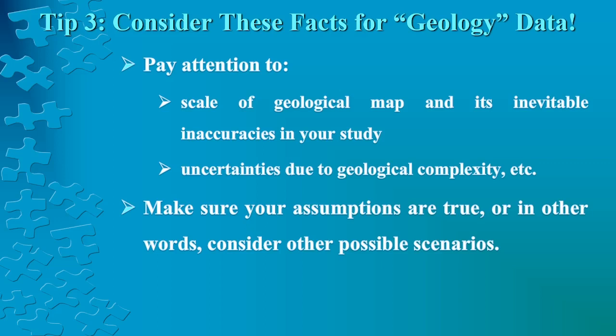Something else to mention in this bullet point is that in some cases, for example alteration halos or the boundary between two intrusive rocks, or two sedimentary rocks, sometimes you have transitional interfaces, so there are no abrupt changes.